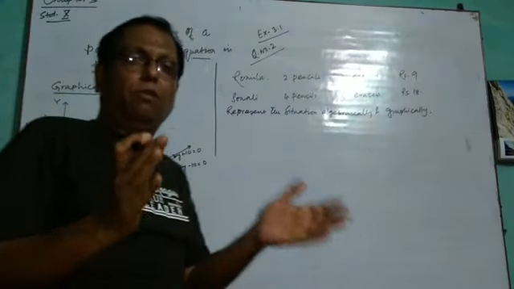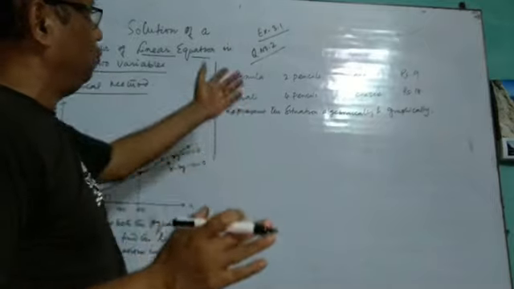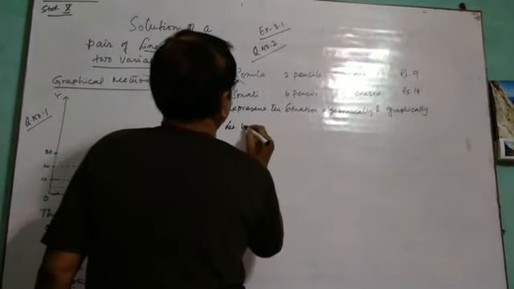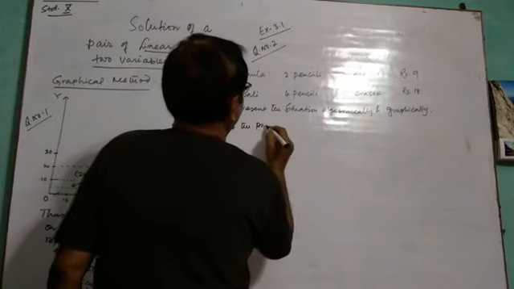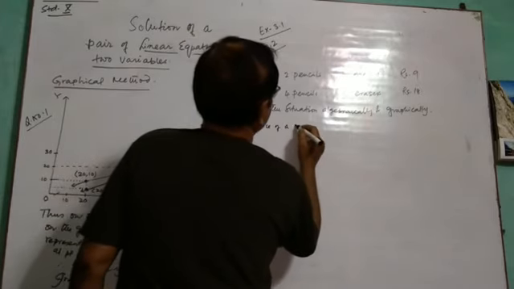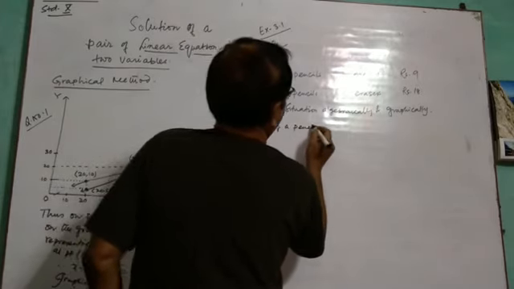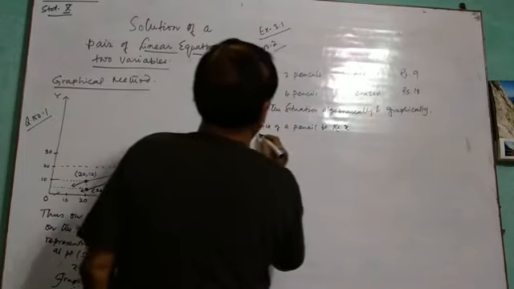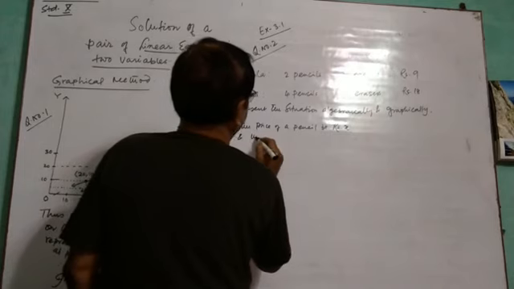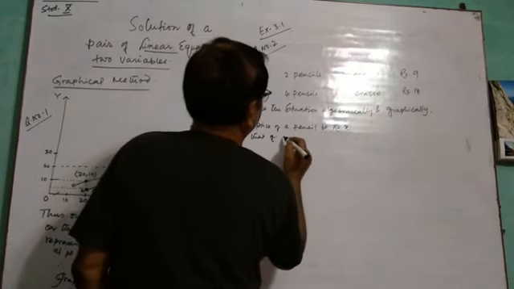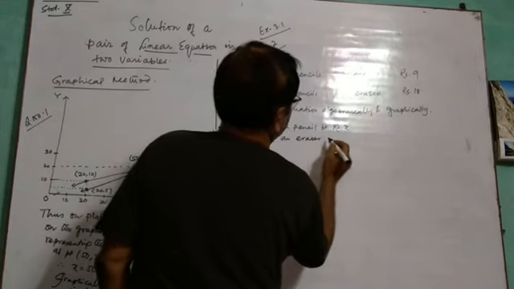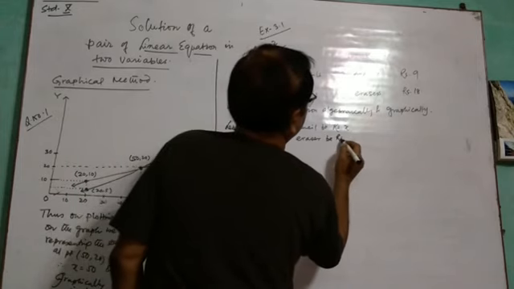First, framing of the linear equation in two variables. Let the price of a pencil be ₹X and that of an eraser be ₹Y.